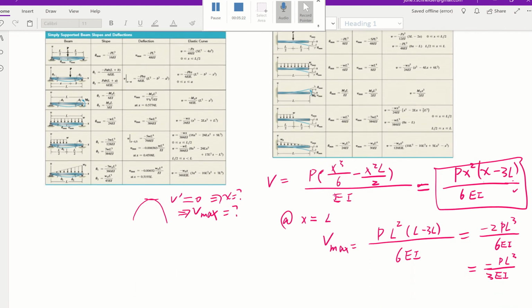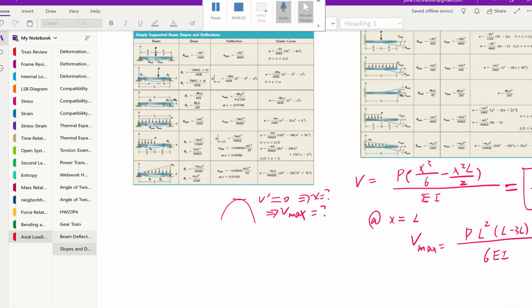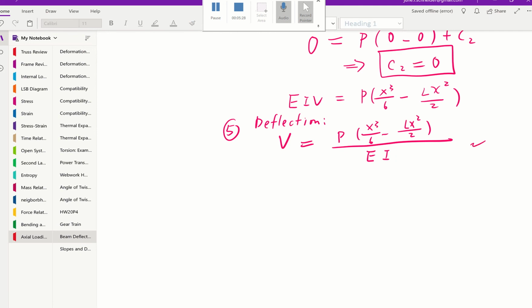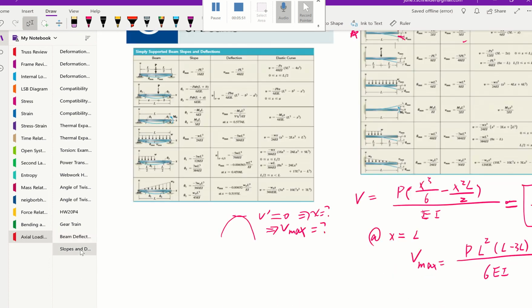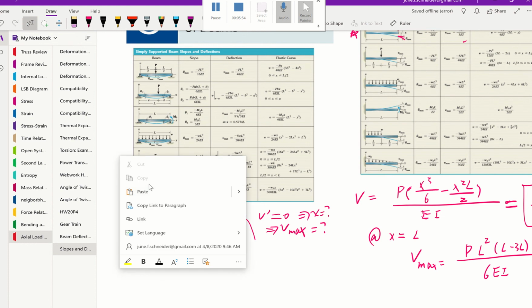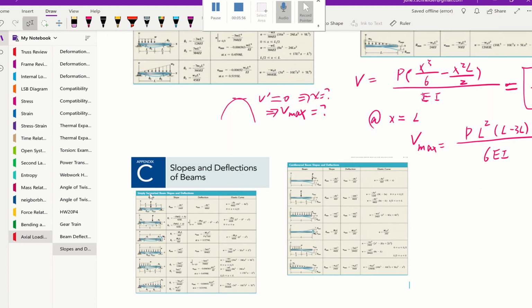So let's go back to what we had before. This is deflection, and this is where the slope is, that's where v prime is. I was going to copy that one over here, but I guess I can't.